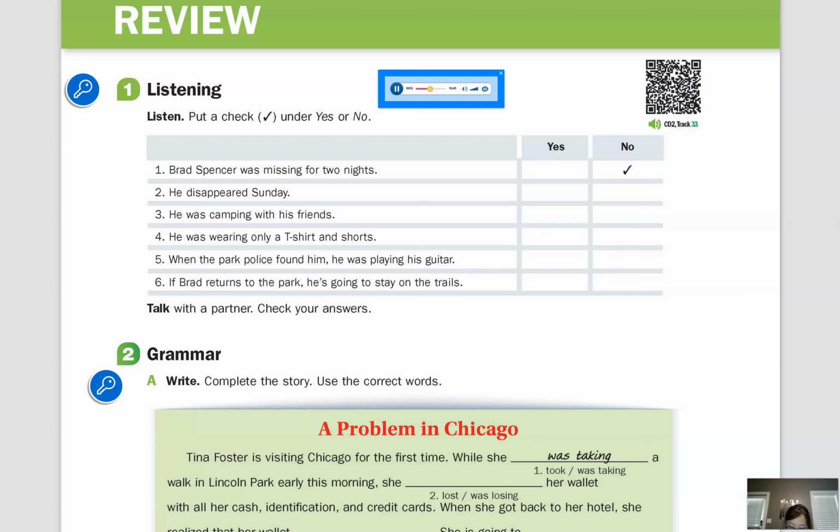I got really worried when he wasn't back by 8 o'clock in the evening. It was getting cold and dark. That's when I decided to call the park police." Paula's husband, Brad, got lost while he was bird watching. Fortunately, he was carrying matches, and he was able to start a fire to keep warm.